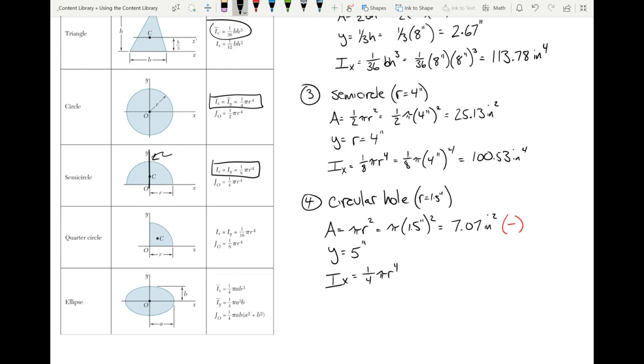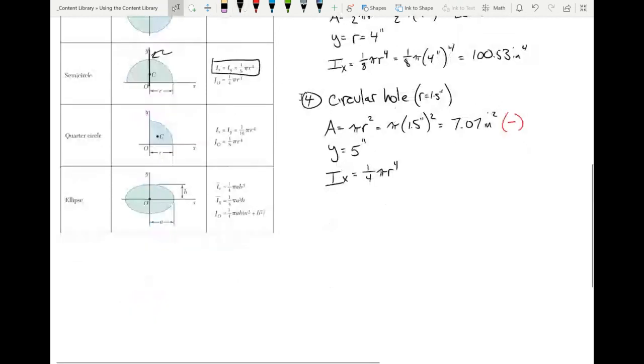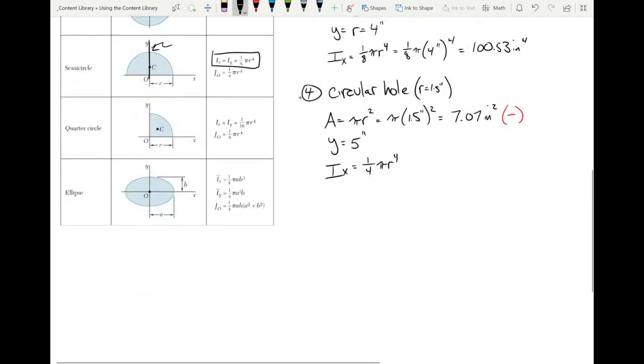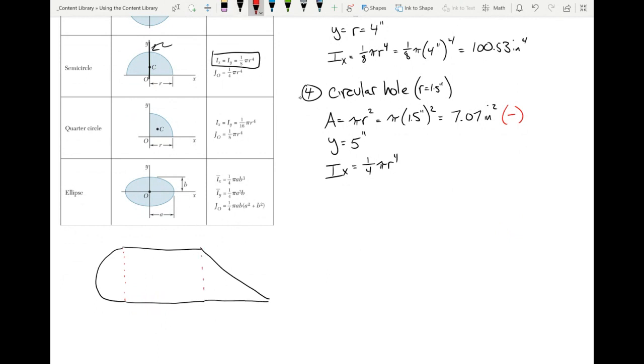Hold on. Can you explain how it's 5 inches? Yes. Okay, so here's the shape, and what we were given for the problem is that the radius of this was 4 inches.